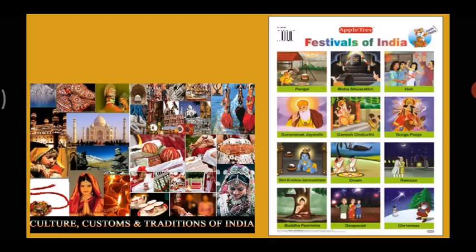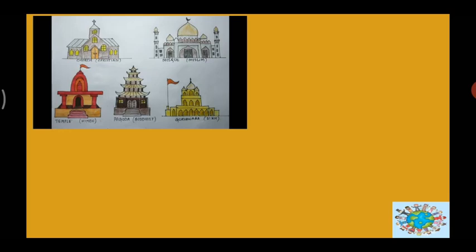Now, in our society, we also celebrate festivals and cultural events. For example, we celebrate Eid together, Diwali together, and Christmas together. One important thing is that people have their own modes of worshipping, and that tradition we also share with other people. What do you mean by modes of worship?